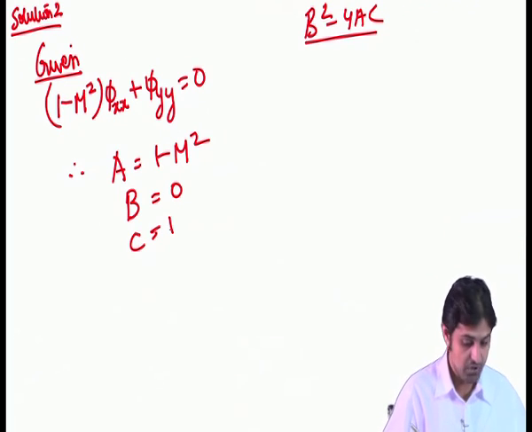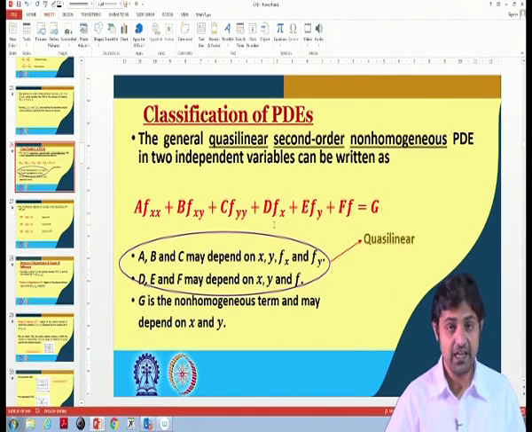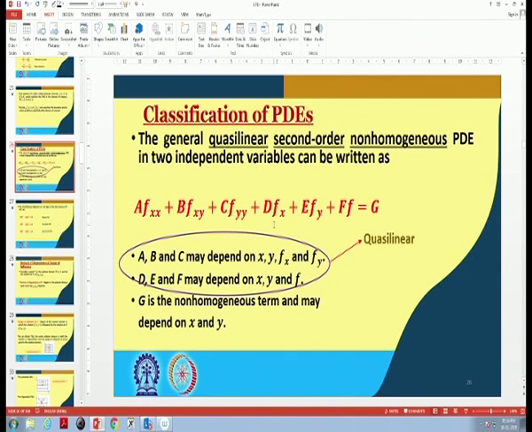Let me take you to that, because that is quite an important thing to see. A f xx plus b f xy plus c f yy plus d f x plus e f y plus f f is equal to g.